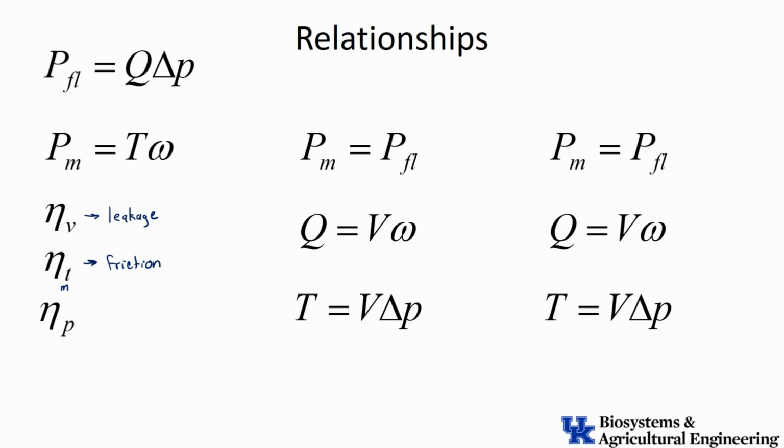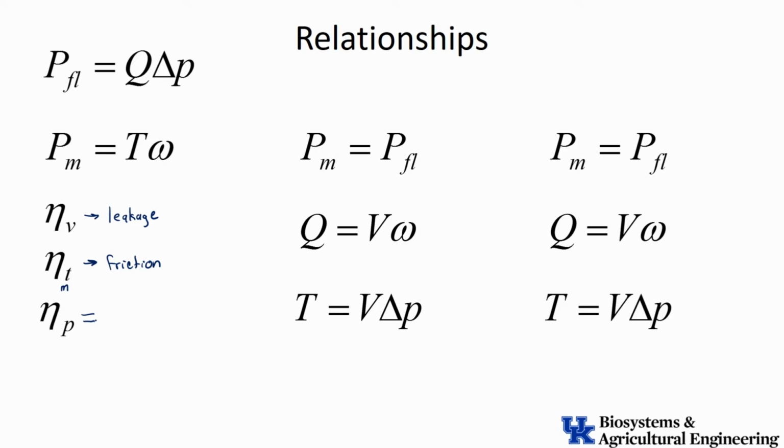So it's going to take a little bit of torque to turn these things just to get them moving, and so there's going to be some loss there in the friction. And so the leakage and the friction efficiencies both go into the power efficiency.